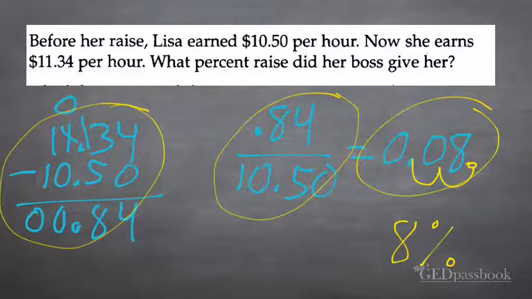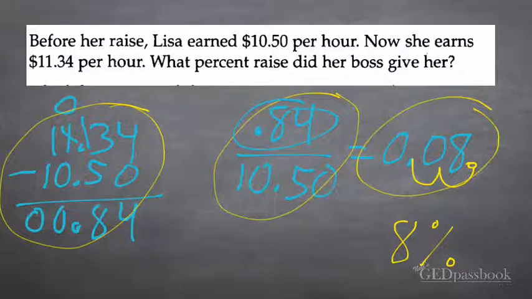Step number 1, find the difference of your two numbers, right? So going back to this example, my two numbers were 10.50 and 11.34. You find the difference, 0.84, right? 84 cents.